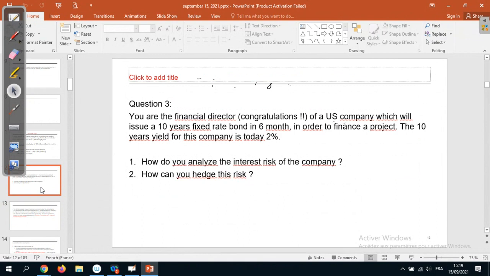You want to buy a company, and for buying it, you have to issue a bond, and you want to pay a fixed rate. So as you will issue your bond in 6 months, you have an interest rate risk on the 10-year interest rate during the next 6 months. The 10-year yield for your company is today 2%. How do you analyze the interest rate risk and how do you hedge it?